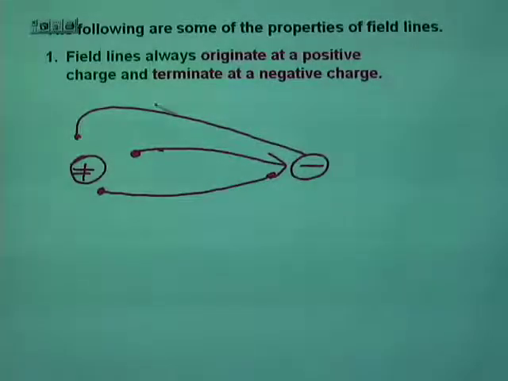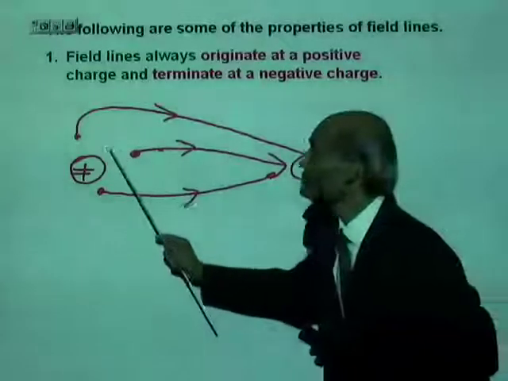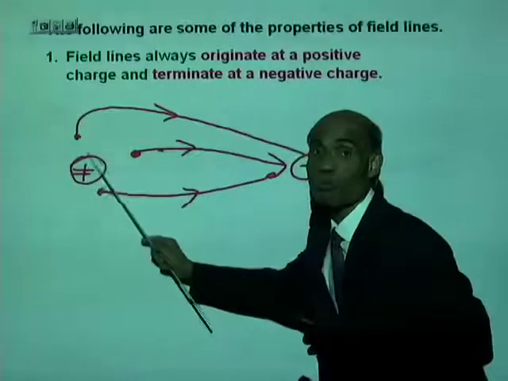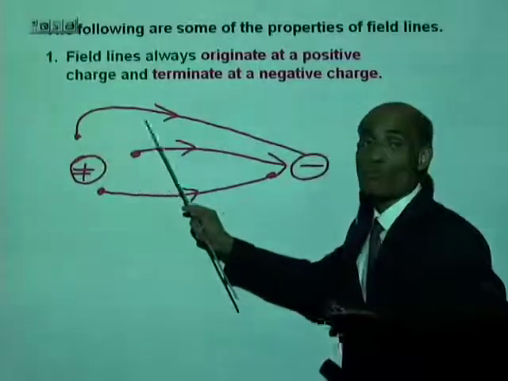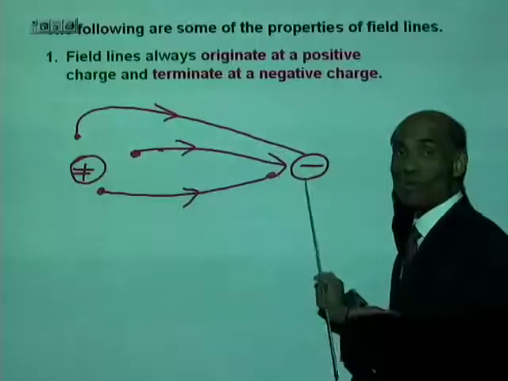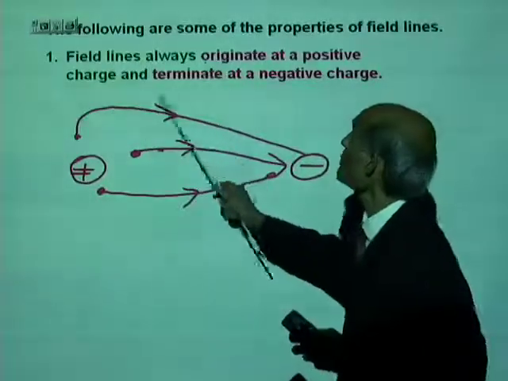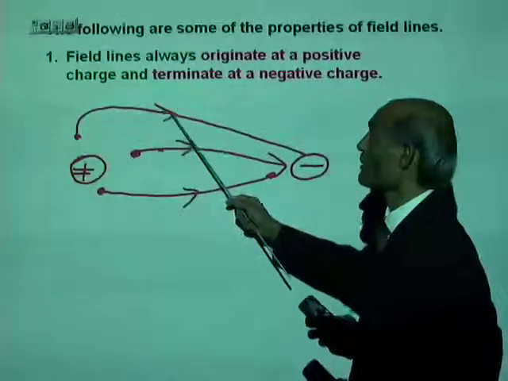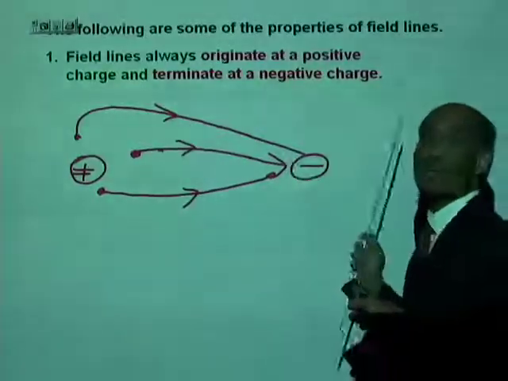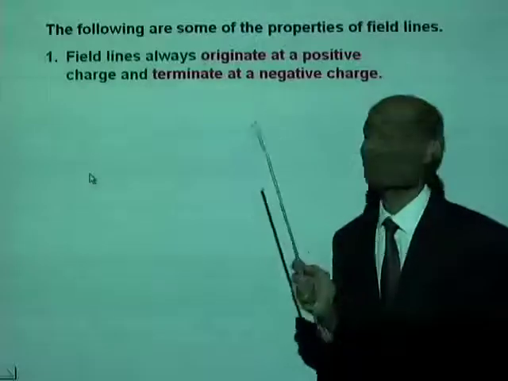In other words, these are what I called the lines of force, the field lines. So a unit test charge placed near this positive charge will move away from it and move towards a negative charge. Field lines always originate at a positive and terminate at a negative charge.